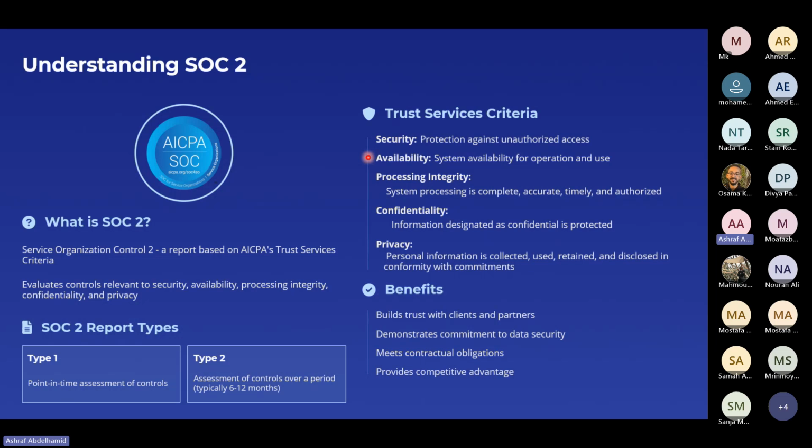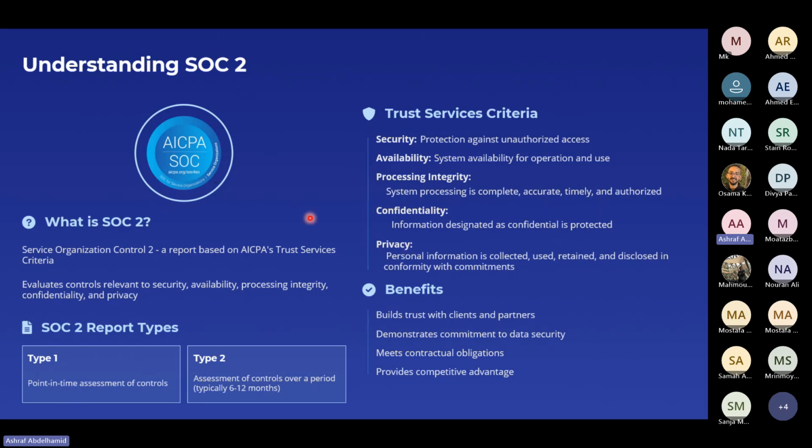Inside that location, we can also choose the scope of the TSC, the trust service criteria. For example, we can say the scope is only security, because this is mandatory as we agreed, and privacy. We will not take availability, processing integrity, and confidentiality in scope. That's fine. So we scope the location as well as the TSC, and we apply security and privacy on that specific location.